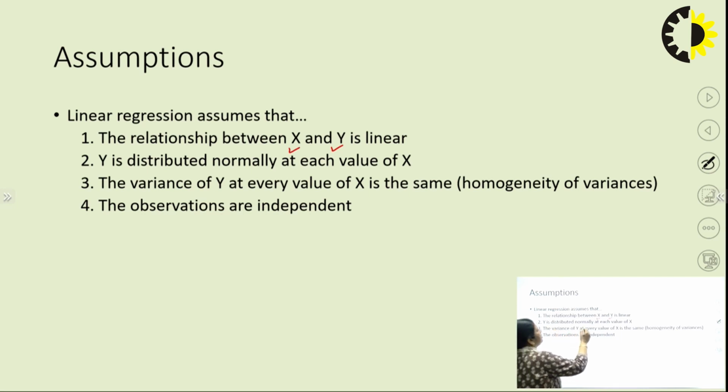Y is distributed normally at each value of x, meaning it is centered about the mean of the values. The variance of y at every level of x is the same, that is, homogeneous. The observations are independent. This we are assuming. And how do we calculate alpha and beta now?